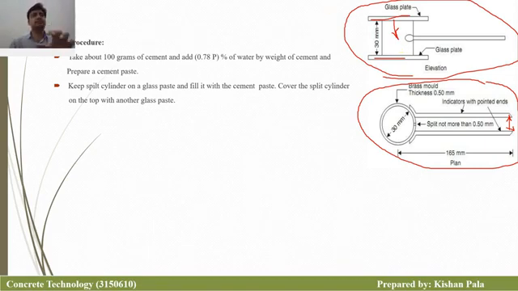So this is the assembly. You have to prepare the 30 mm diameter and 30 mm height cylinder covered by both glass plates. You have to take 100 gram of the sample and 78% of the consistency of the cement by the weight of the cement mass.